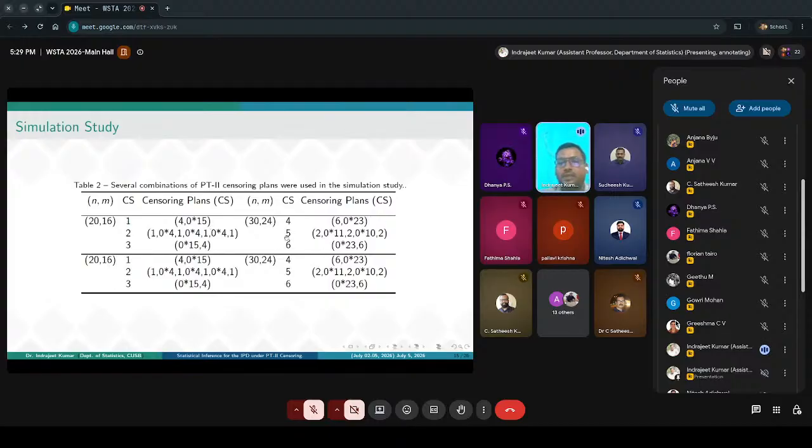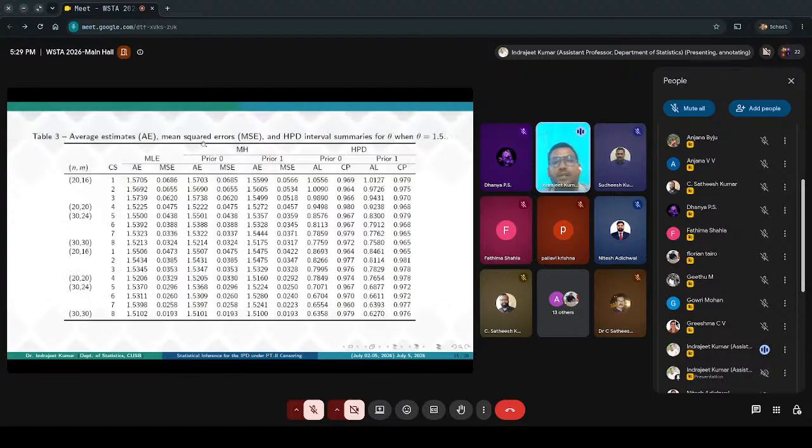Based on these combinations, ML and Bayes estimates of the parameters have been computed. This is the average estimate and this is the MSE, for both the MLE and Bayesian estimation techniques.